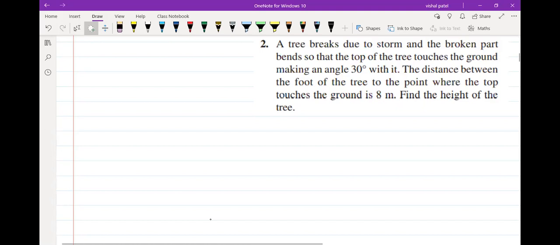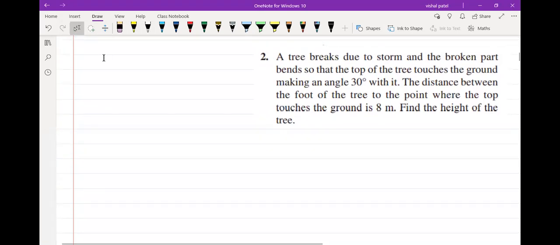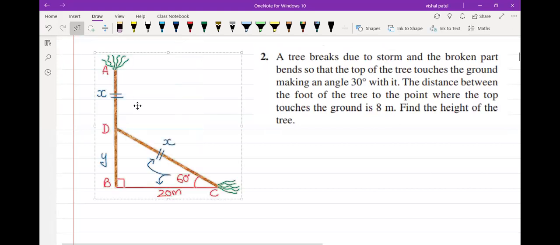Yes, students, what to do? Okay, now let me first show you the diagram.